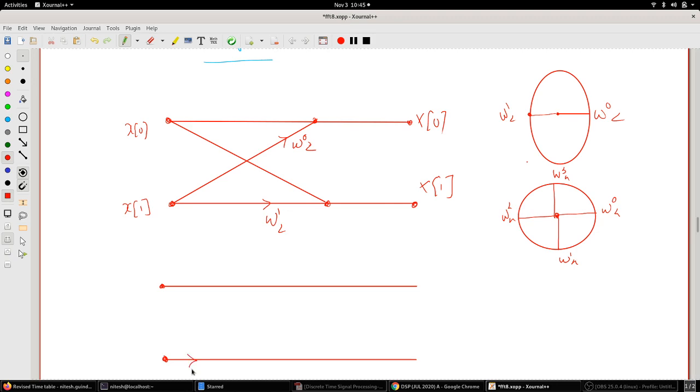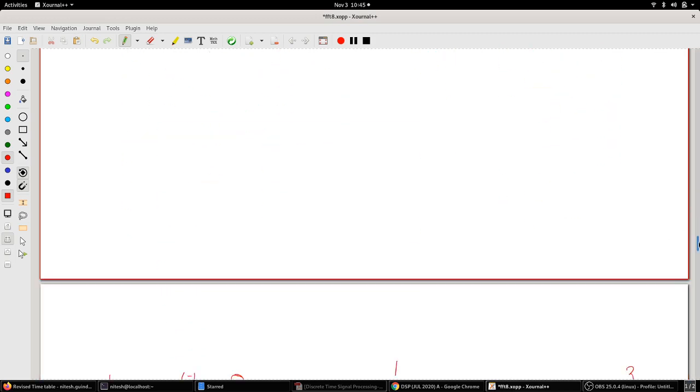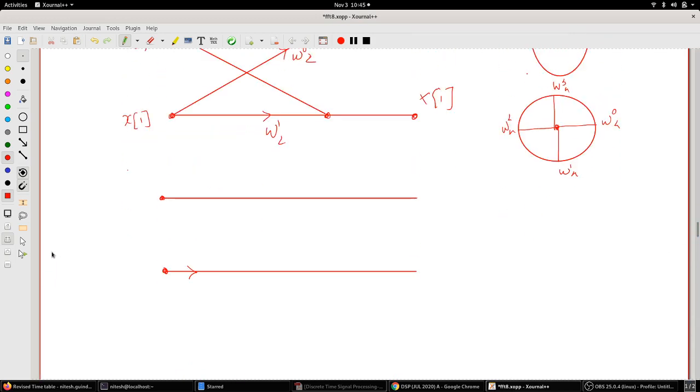What I'll do here is multiply this one with a W0 of 2. Okay, and from this point, what I will have is, this is 1, this is coming in here like this, this will be -1. And what you will have is only one computation now, one complex multiplication.